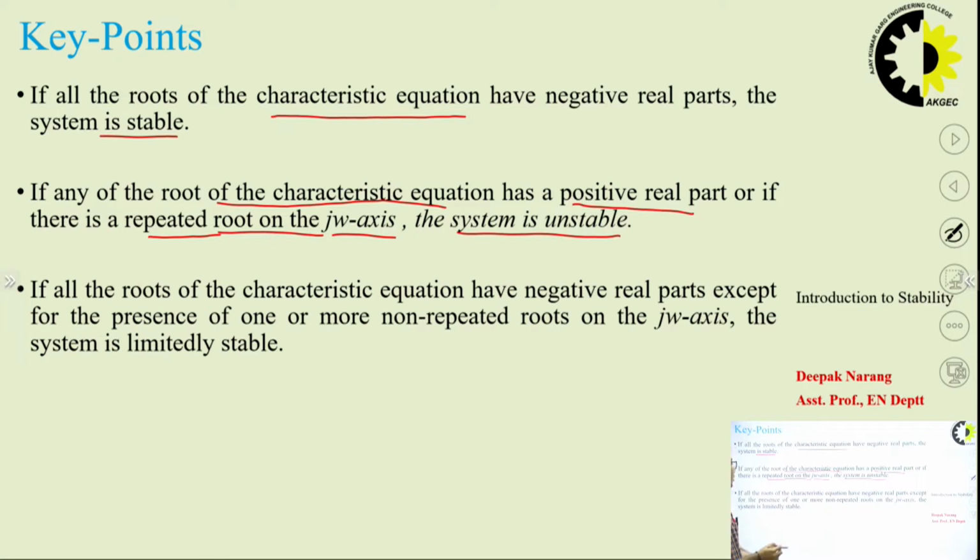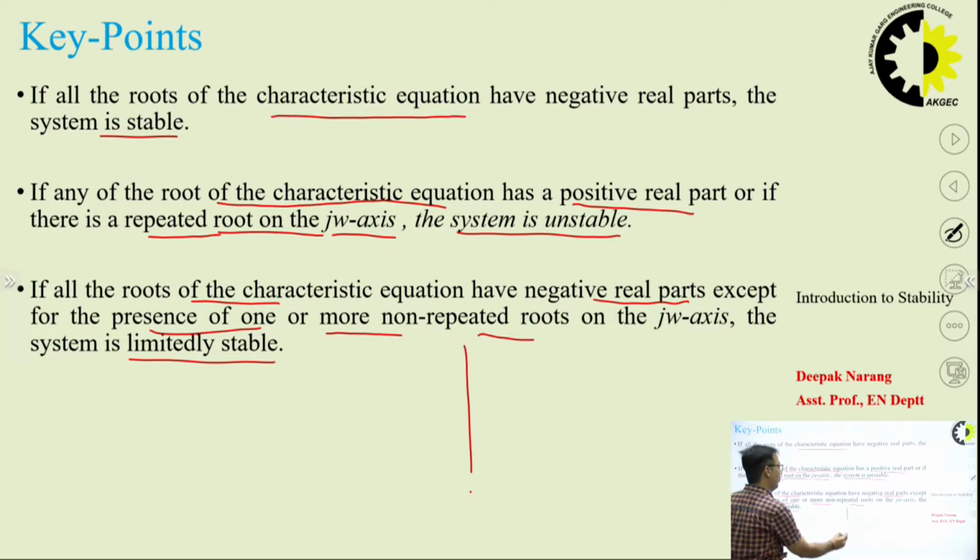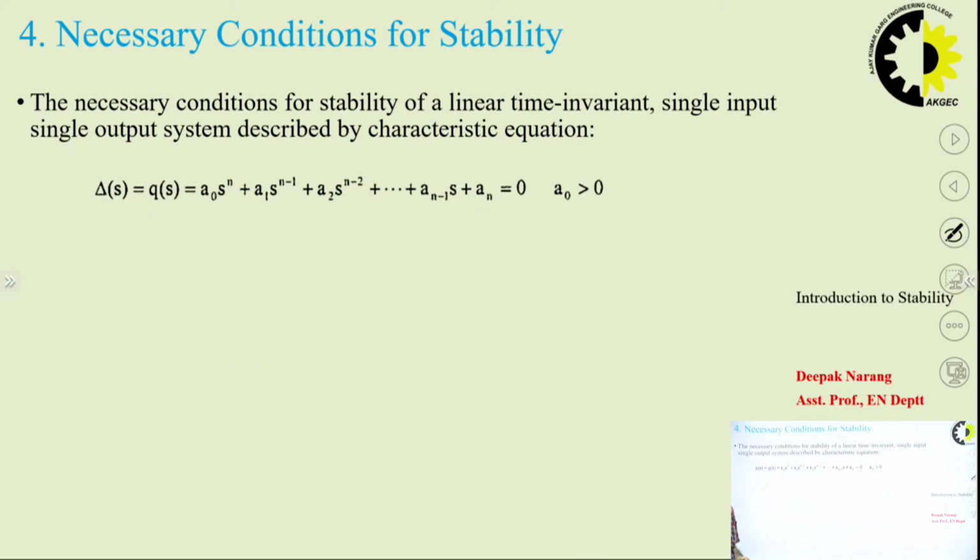And next, if all the roots of the characteristic equation have negative real parts except for the presence of one or more non-repeated roots on the imaginary axis, the system is said to be limited stable or marginal stable. That is, if we are having roots like this, we can say the system is limited stable.